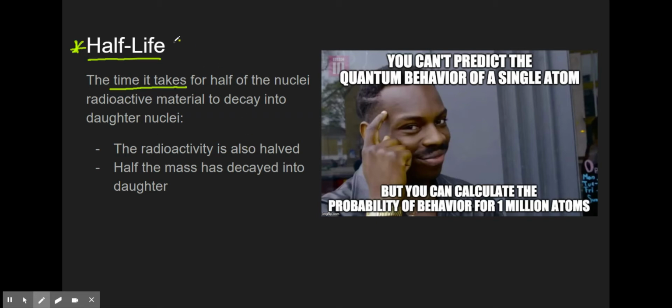To give you an understanding of half-life and how the probability plays out and how this meme makes sense, consider if we did an experiment in which we took 10 million people, each with a coin, and we asked them to all flip their coin. And we said, make a prediction about how many of the coins will be heads and how many will be tails.